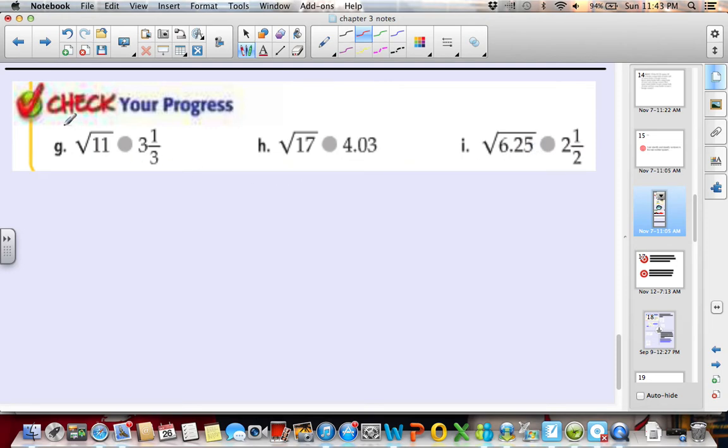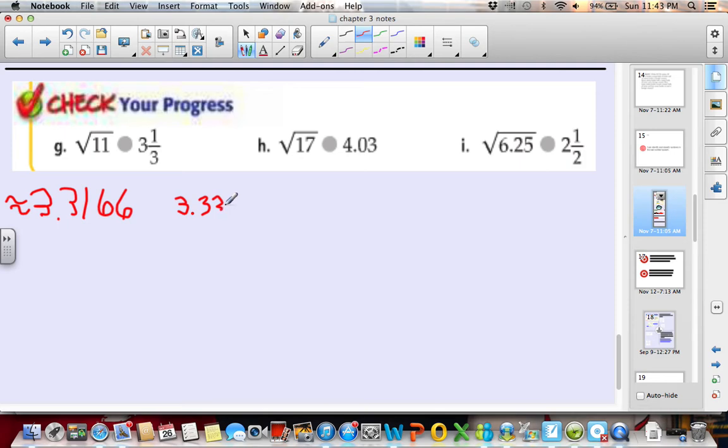Square root of 11, we can put into our calculator, is 3.3166 approximately. 3 1/3. We should know that 1/3, it's just something that we should memorize, that 1/3 is 0.3 repeating.